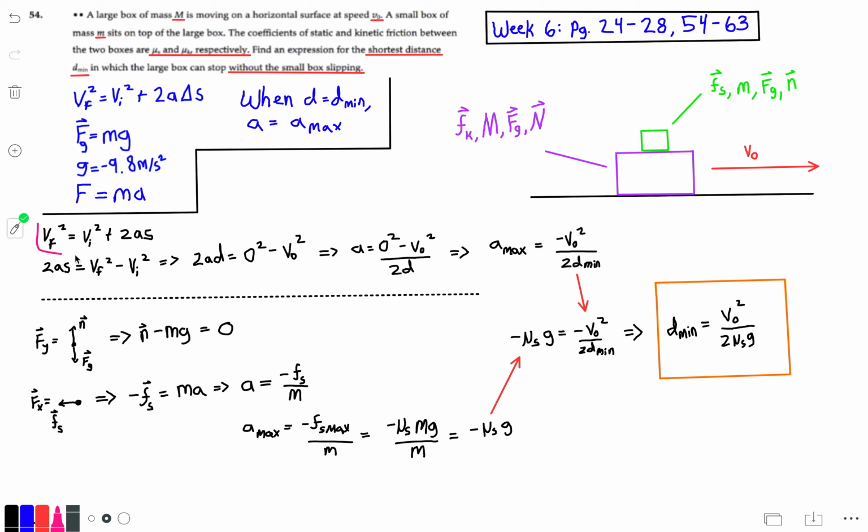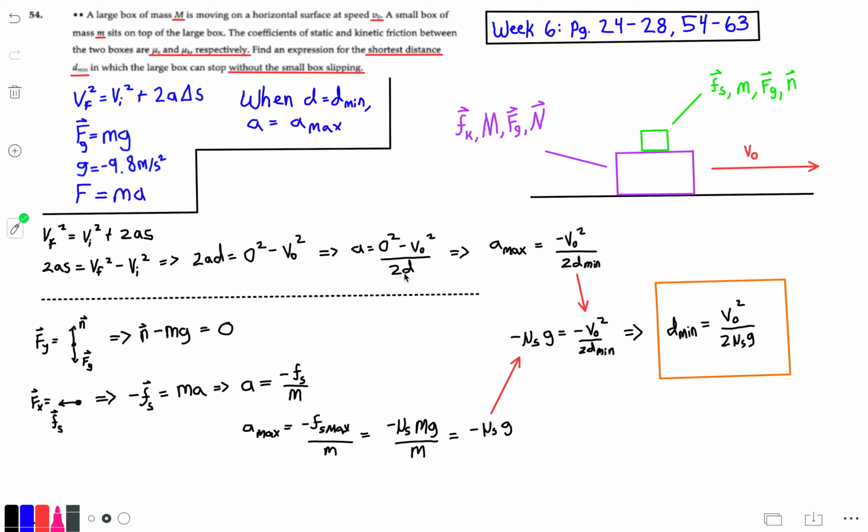I'm going to start here with this equation, and I'm just going to move it around a little bit. So we have our final velocity, and we know that since it's stopping, it needs to be 0 right here. And I went ahead and plugged in our d and v naught values that we see up here and right here.